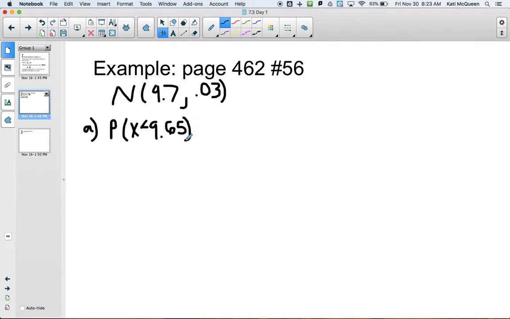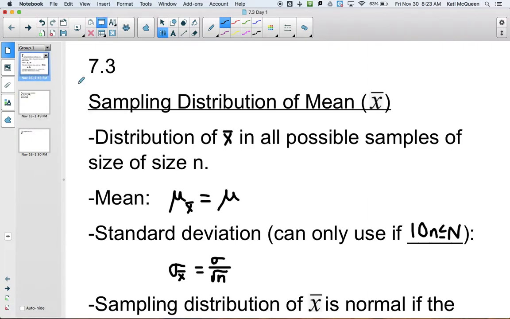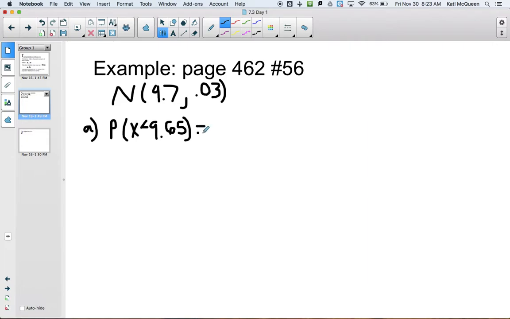I'm not looking at a sampling distribution, so I don't need to use these formulas here. But I can use the given information, because this is for a single box of cereal, to create a z-score. z would be less than 9.65 minus 9.7 divided by 0.03, so I get a z of negative 1.67.